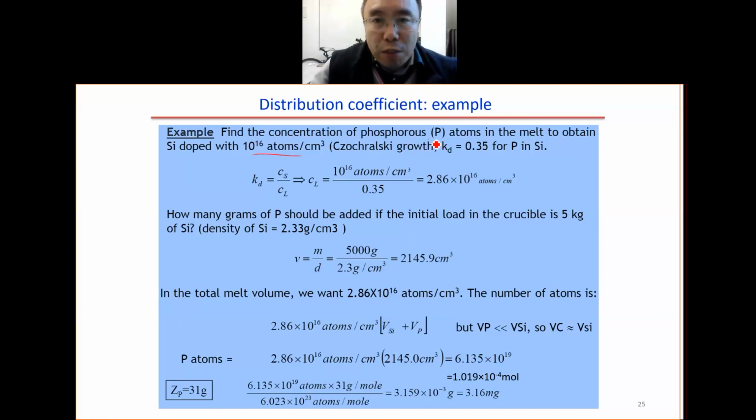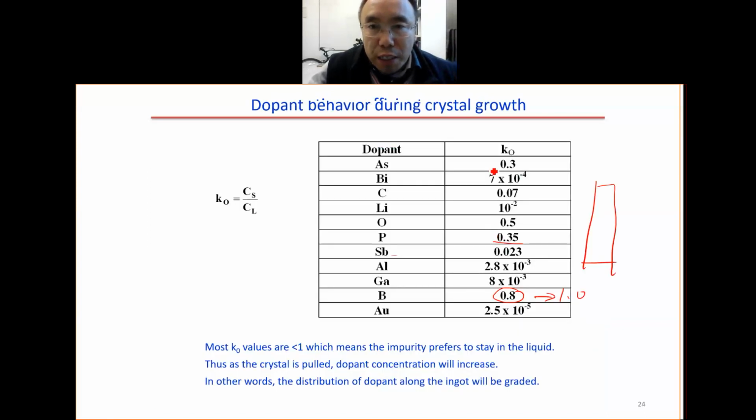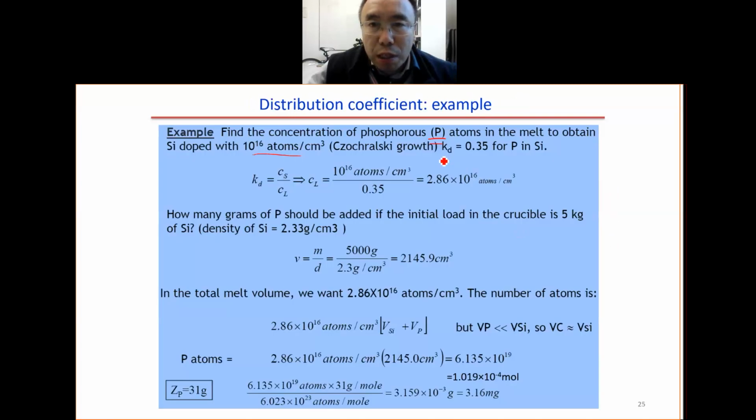For phosphorus, the segregation coefficient is 0.35. Here it is Kd, it should be K naught, 0.35, defined as Cs over Cl. So the dopant concentration in the liquid is Cs divided by 0.35, which gives this number of atoms per cubic centimeter.